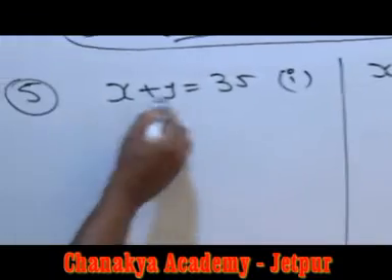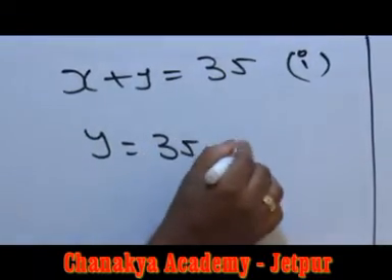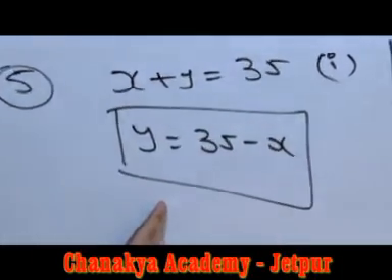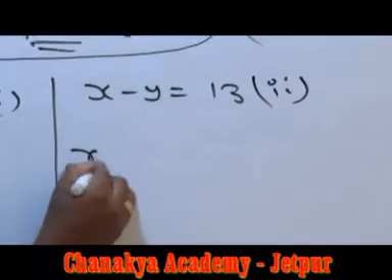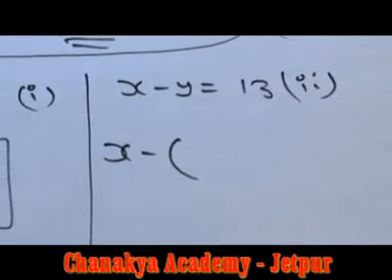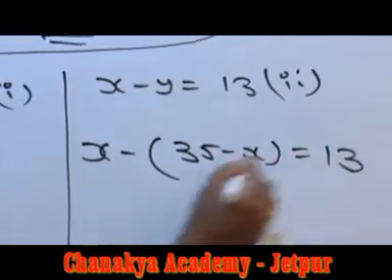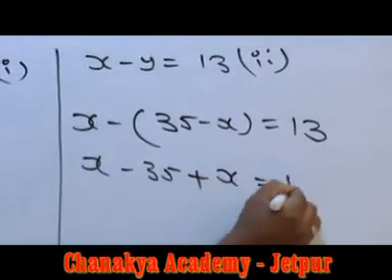Okay. Our first step will be y equal to 35 minus x, which is our y form. Okay, substituting the value of 35 minus x in equation number 2, we get x minus value of y equal to 35 minus x equal to 13, x minus 35 plus x equal to 13.